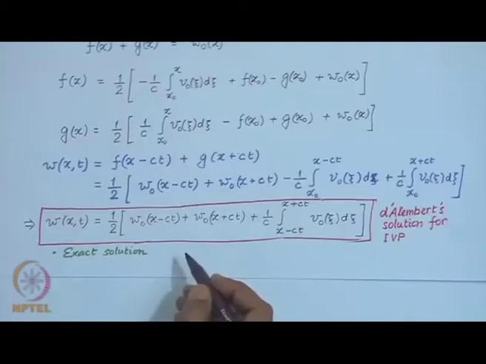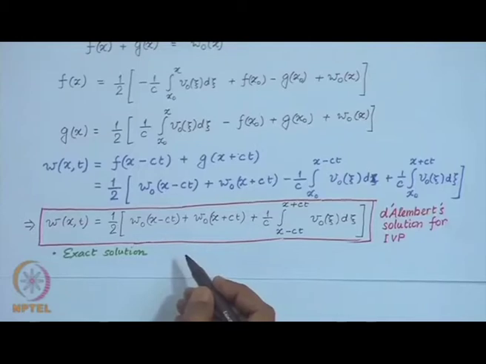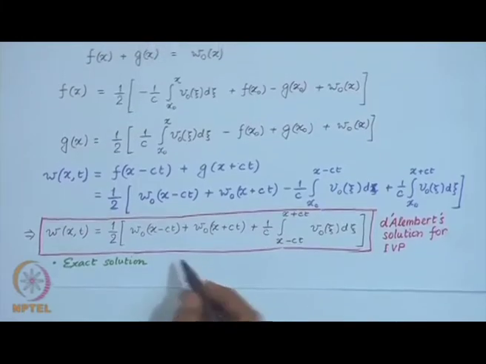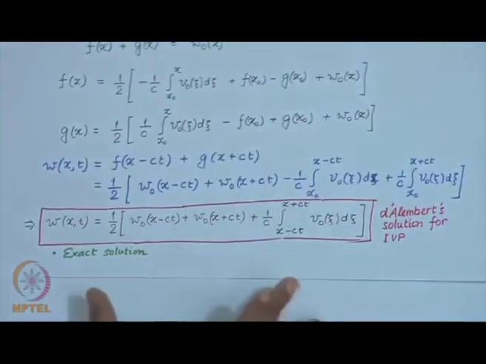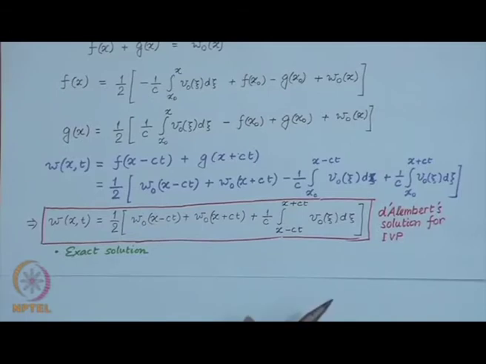Once we truncate the series, what we get are the approximate solutions of the wave equation, which we have already seen in the previous lectures.